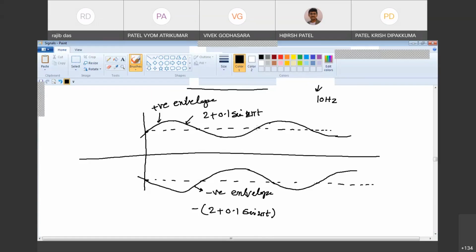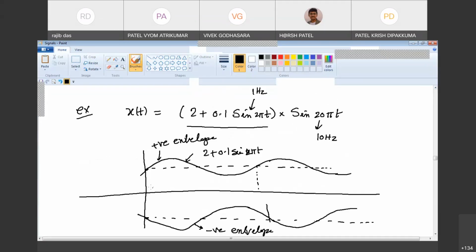So you see, one time period is for 1 hertz. Within this you should have the 10 hertz signal, meaning 10 complete cycles within 1 second. So the resulting signal could be like this. I am drawing it roughly.